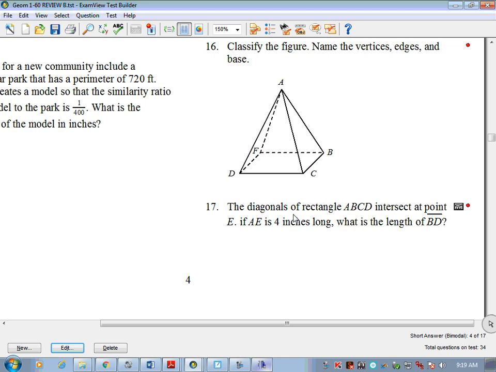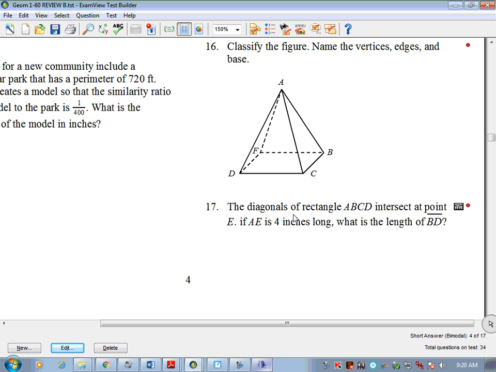We're going to classify this as a rectangular pyramid. You'll probably see on your list of possible answers a square pyramid, but I don't have enough information to say that this is a square pyramid because I don't know that DF, FB, BC, and DC are congruent. I don't know that they're the same lengths, but we've got enough to say that it's a rectangular pyramid.